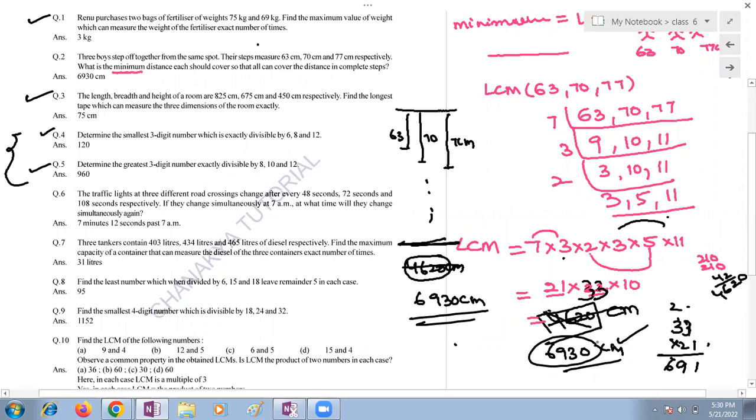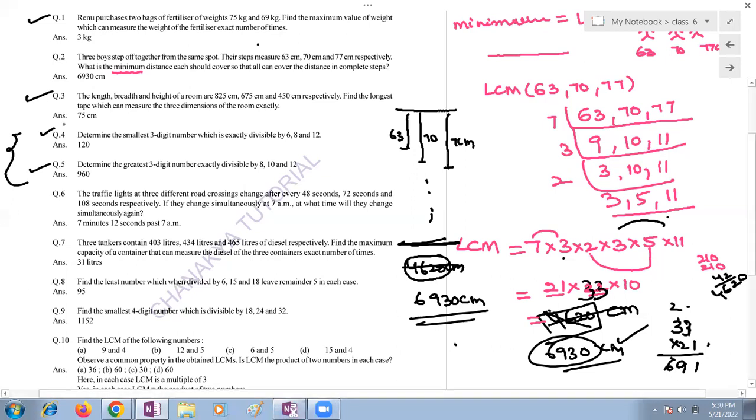To convert to meters, divide by 100, since 1 meter equals 100 centimeters. So we can write 69 meter 30 centimeter. According to the answer options, children, you can go ahead. Sometimes kilometers are also given. You can try like that.